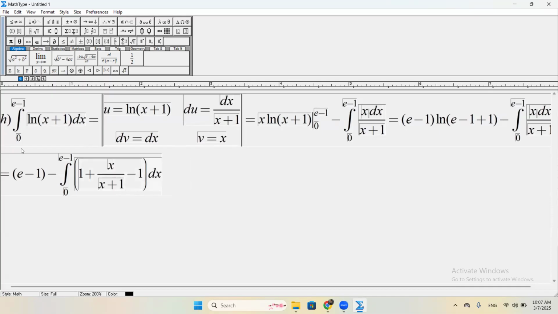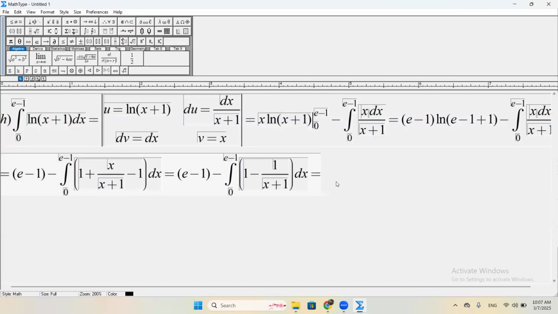So nothing was broken. Now rewriting this integral with the correct fraction. So minus x minus 1. So we have this fraction. So nothing was broken. If I add 1 to this expression, we will receive x over x plus 1.